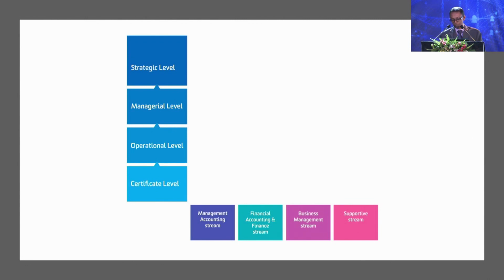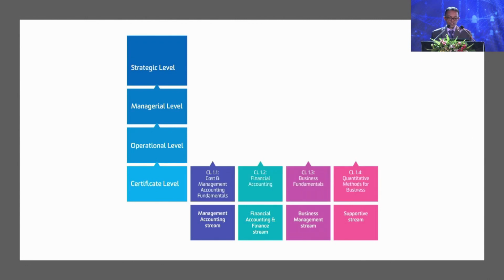So in the first stage, we have cost and management accounting fundamentals with higher emphasis on costing, as Professor Wadavala mentioned, and then financial accounting, business fundamentals dealing with economics and management, then quantitative methods for business.